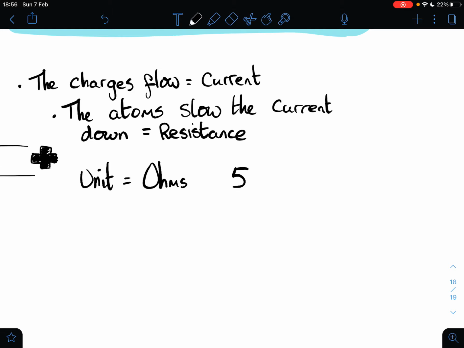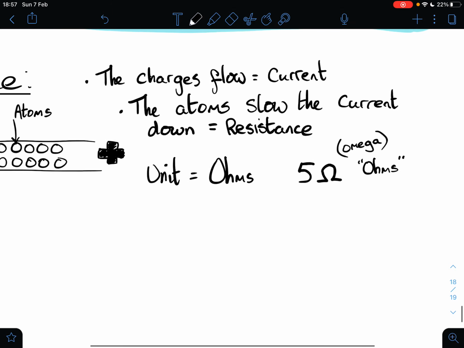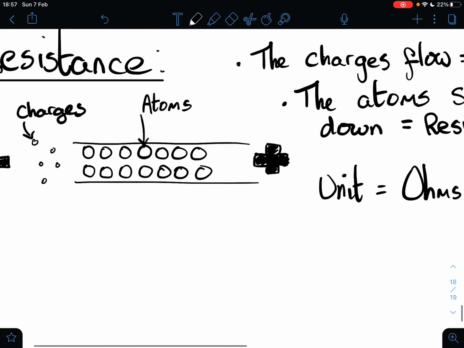So George Ohm went through his bumper book of physics and he chose the Greek letter for O, which is omega. So that's its actual name, but we would say ohms. Okay, so 5 ohms.